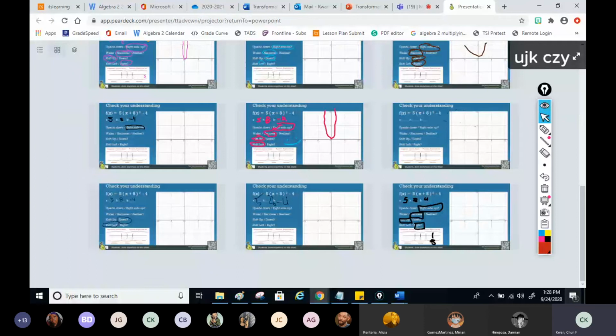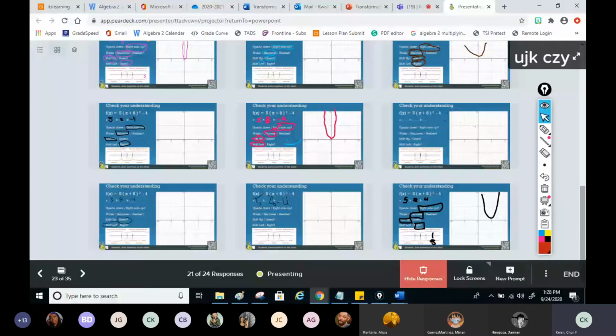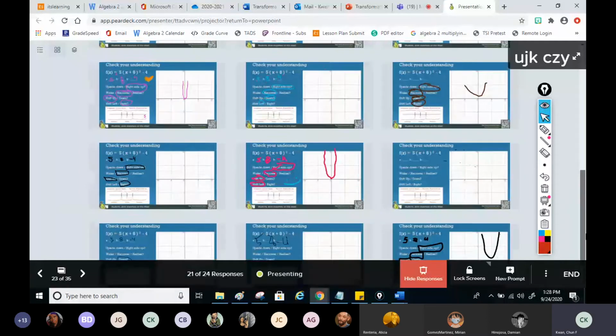It is shifted to the left by 8 units and it shifts down by 4, okay? So there are two numbers that tell you if it was shifted up and down, left and right. The H and the K, they both tell you that the graph has been shifted a little bit. Make sure you look at that as well.